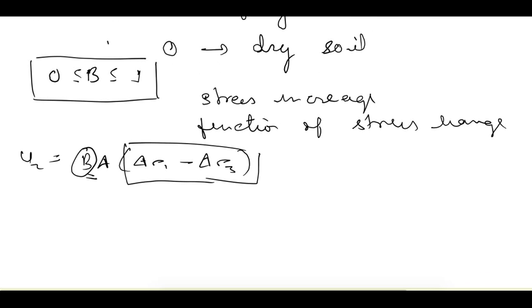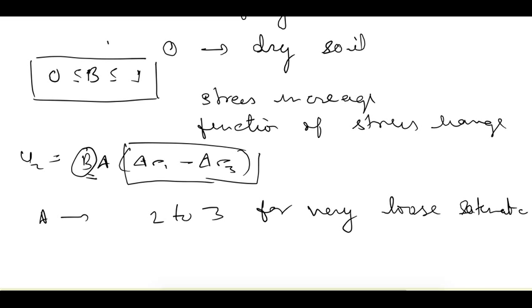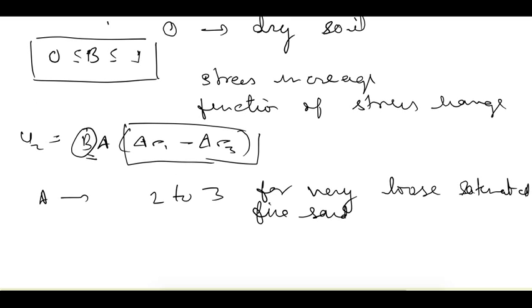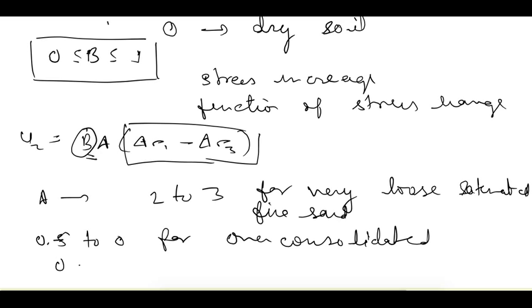So that was about B, and the coefficient A, its value can be as high as 2 to 3 for very loose saturated fine sand, and its value is between minus 0.5 to 0 for over consolidated clay, and its value is between 0 to 0.5 for normally consolidated clay.